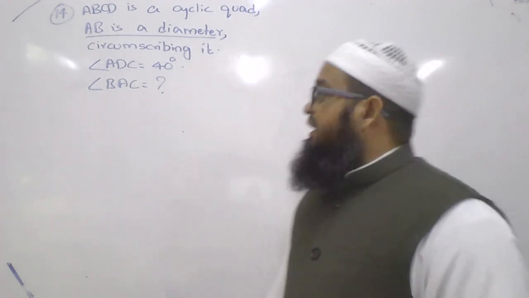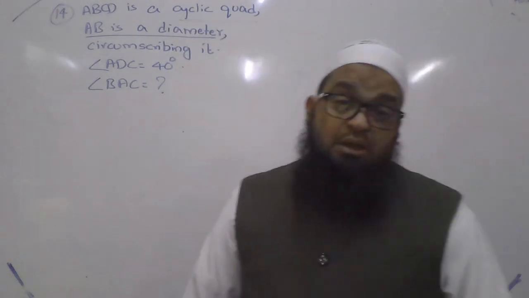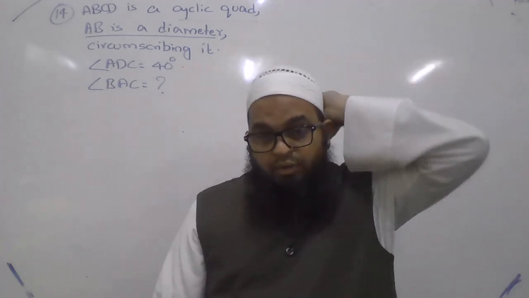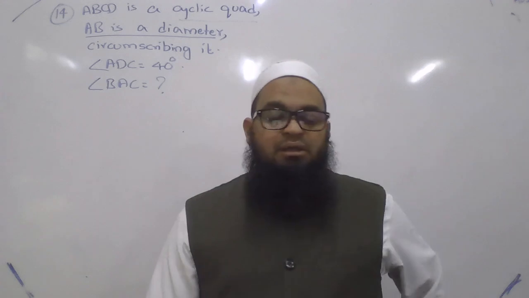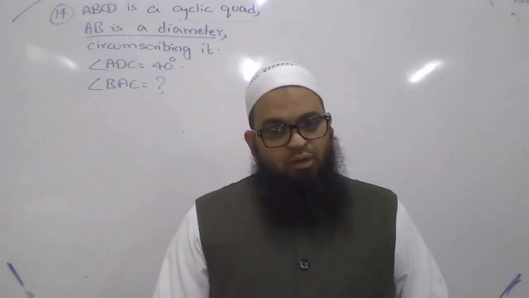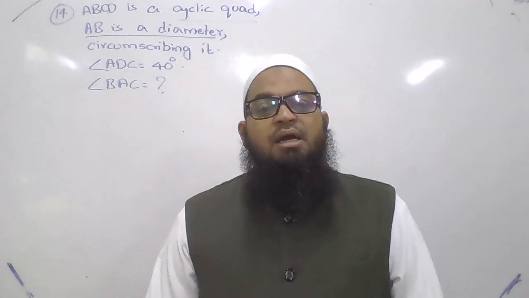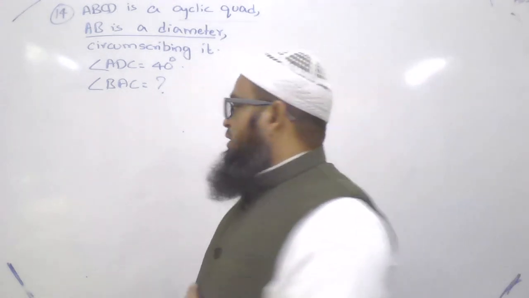ABCD is a cyclic quadrilateral. What is a cyclic quadrilateral? If you remember, it is a quadrilateral whose vertices all lie on the circle. Since we are revising the concepts, not solving the problems exactly, let me tell you the properties of the cyclic quadrilateral.